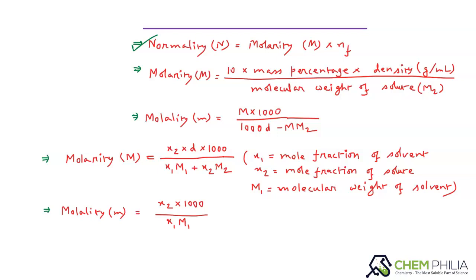Then molarity is equal to 10 into mass percentage into density in gram per ml divided by molecular weight of solute, that is m2. Molality is equal to capital M, that is molarity, into 1000 by 1000 d minus M m2. Then molarity is equal to x2 into d into 1000 by x1 m1 plus x2 m2. The significance of every symbol has been written here. And the last one, molality, that is small m, is equal to x2 into 1000 by x1 m1.